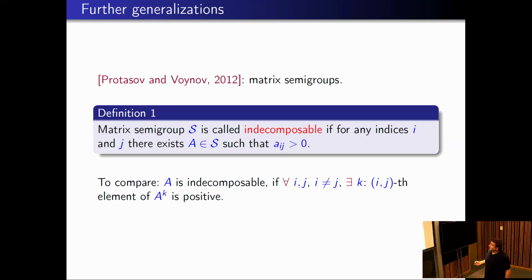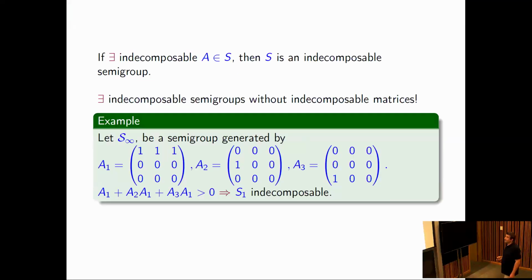A matrix semigroup is called indecomposable if for any indices i and j, I have a matrix in my semigroup such that in this matrix the entry on the corresponding position is non-zero. Remember, in the indecomposable matrix case, we had a similar property. So it's natural.